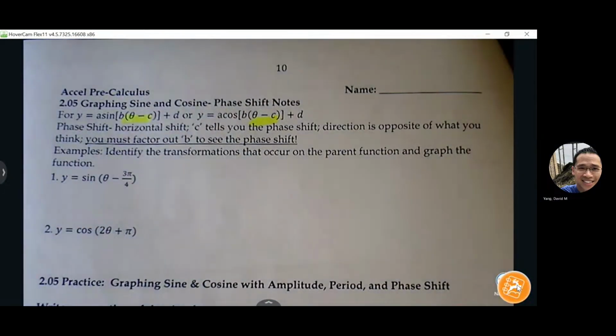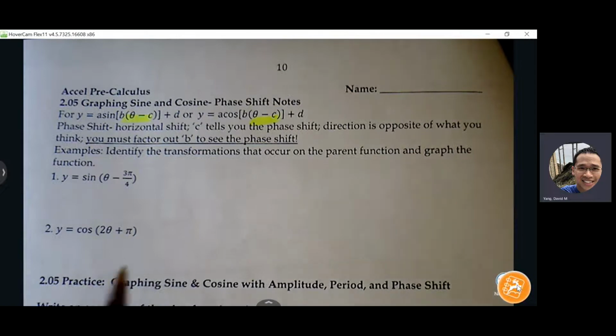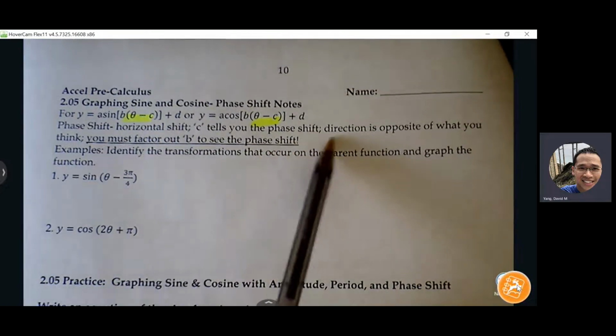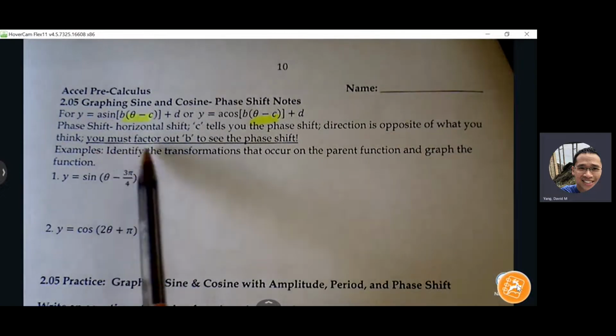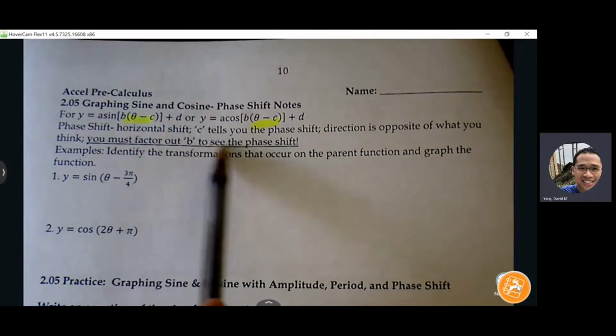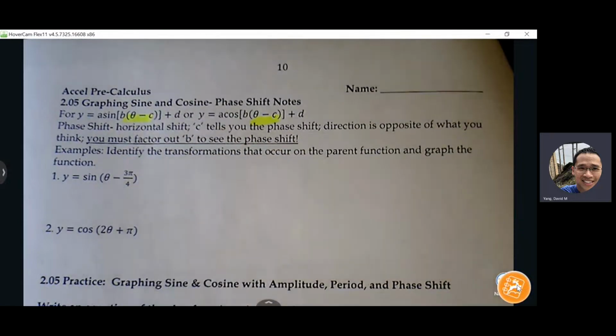Okay. So phase shift. This is a horizontal shift. The C tells us the direction that is opposite of what you would think. And then we must factor out that B to see the phase shift. I think that's the hardest part, learning to factor out that B value. So we'll do one where we don't have to factor out first, and then we'll transition to the ones that we do have to factor out.